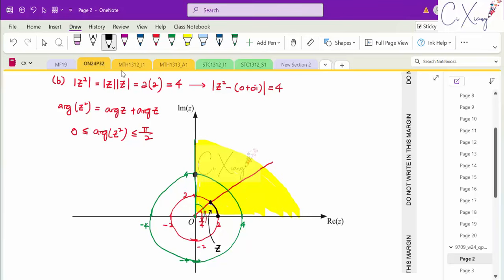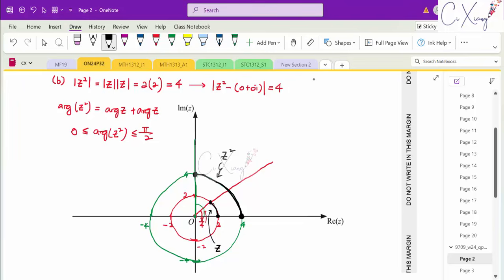So you can see clearly that by right, your locus of z squared should be this one. Okay, it is on the circle and also within the shaded area in the yellow color here. Alright, so I should label it clearly where this one should be actually the z squared.